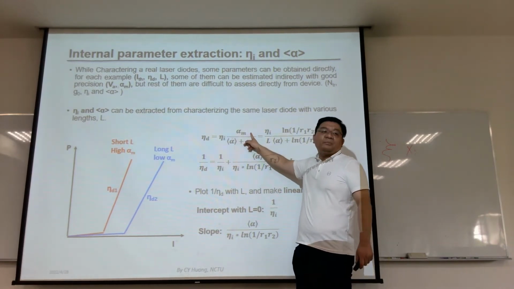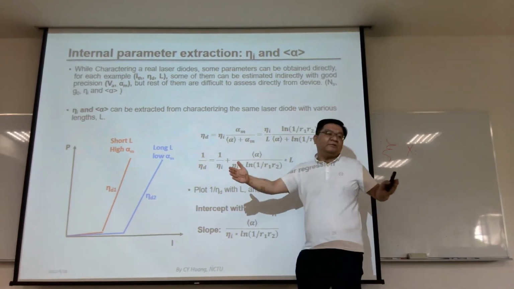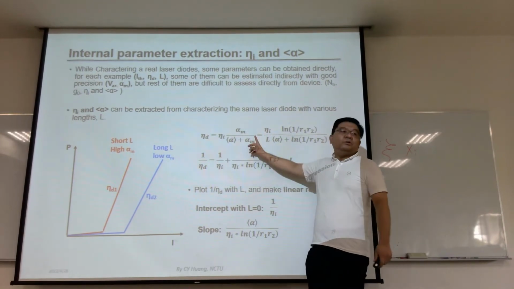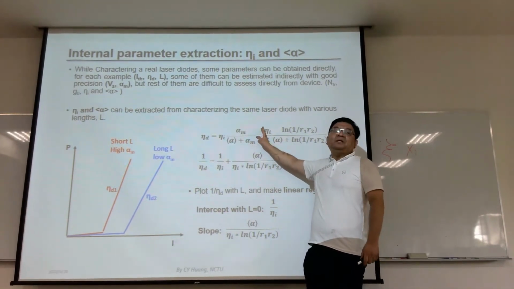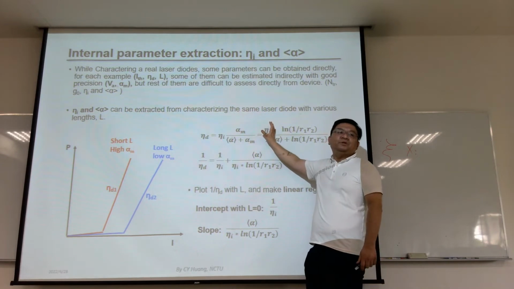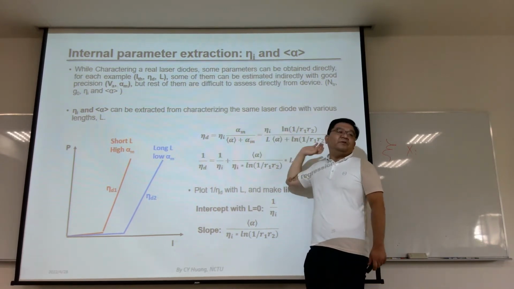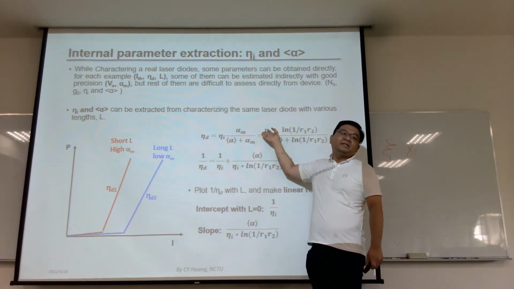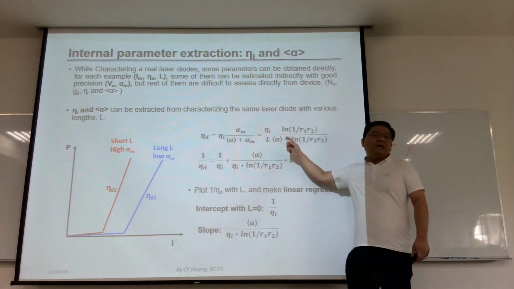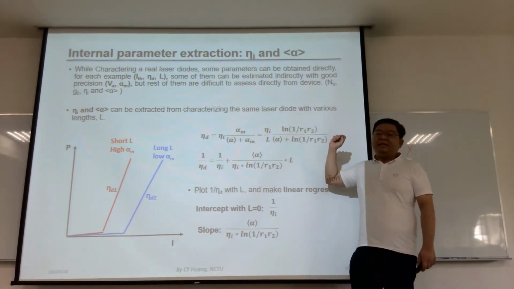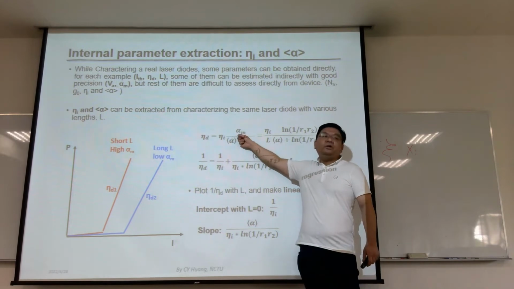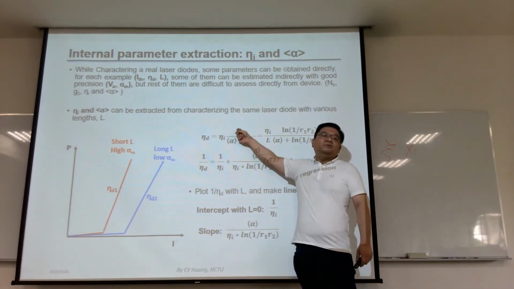Alpha m can be evaluated as long as you have the cavity length and you know the reflectivity. Since optical simulation is usually pretty precise, if you have the refractive index, you can calculate R1 and R2 pretty precisely. So you can evaluate alpha m from experiment.